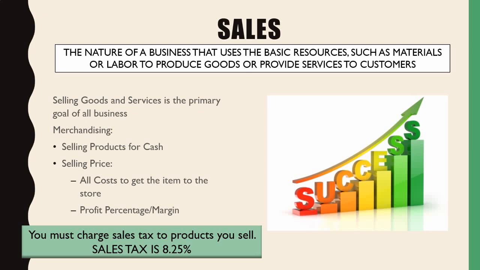Or a profit margin, whichever way you understand it, right? Profit percentage is how much percentage of sales you want to increase the product by. Profit margin is what percent, or per dollar, you are trying to increase your profit by. So that is the most important thing, because this is how we make a profit.